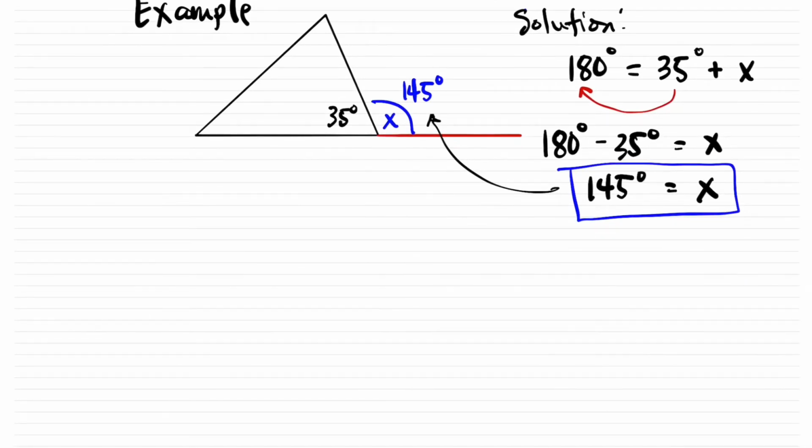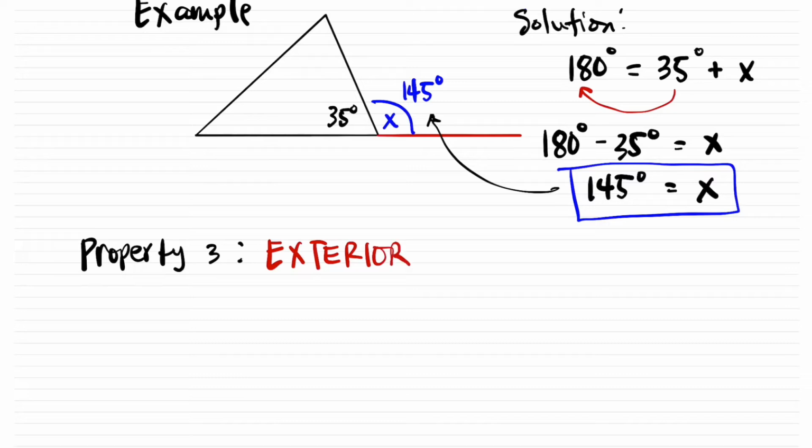Now we proceed to the next property, property number 3. What is property 3? This is called the exterior angle theorem.